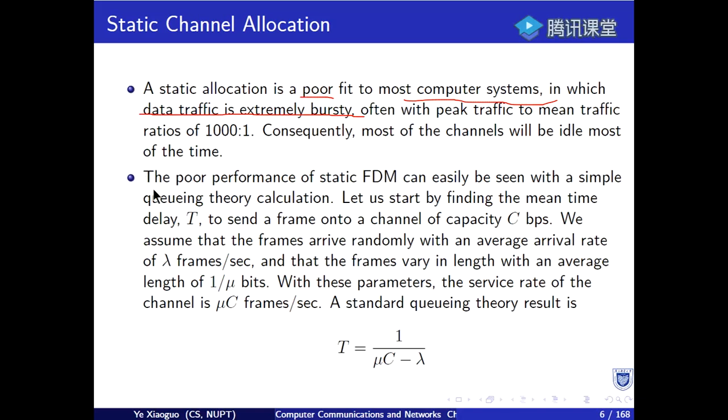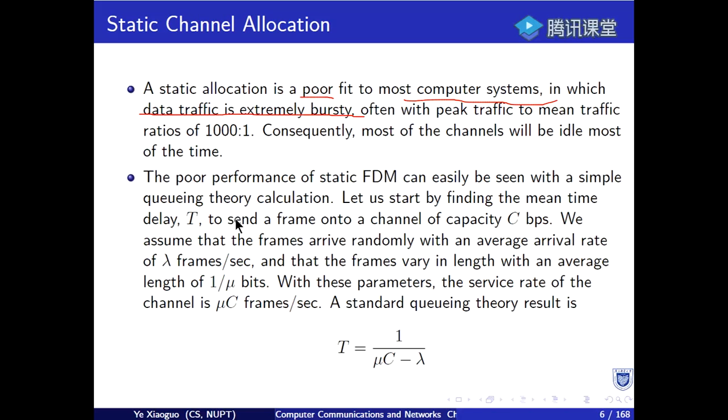Further, the poor performance of static FDM can easily be seen with a simple queueing theory calculation that starts by finding the mean time delay, denoted by capital T, to send a frame onto a channel of capacity C bps, bits per second.